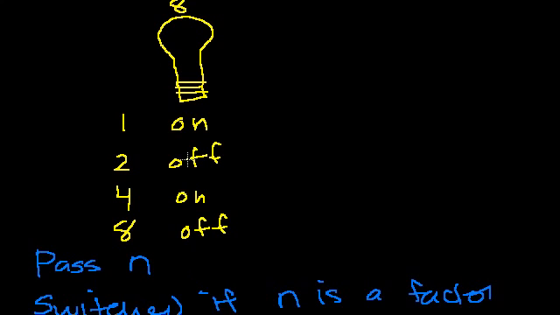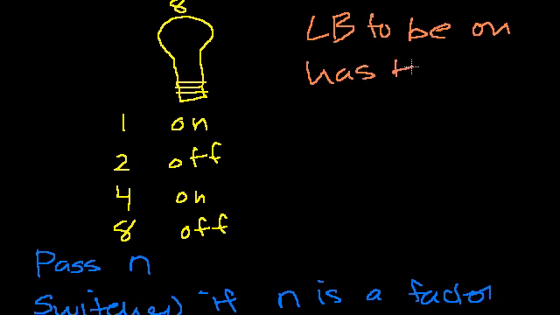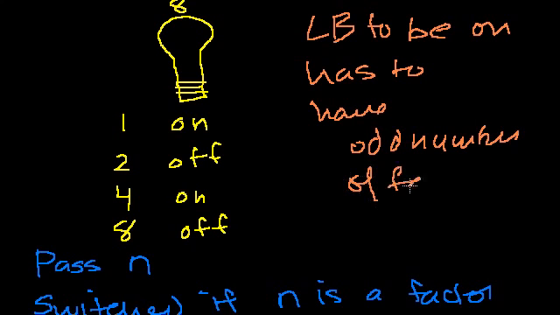And as you can see, in order for it to be on at the end, you have to have an odd number of factors. So that's an interesting thing. For a light bulb to be on, it has to have an odd number of factors.